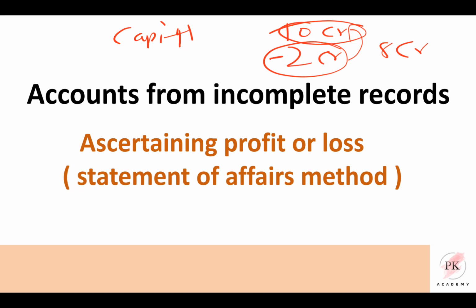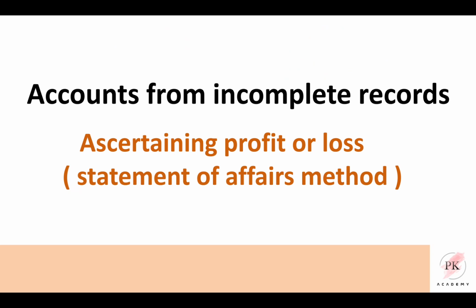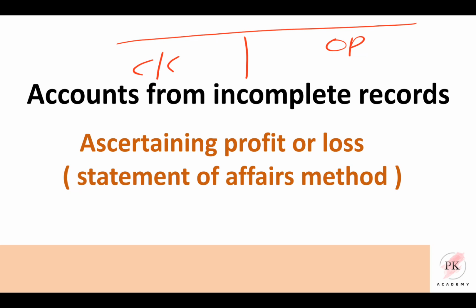So the statement of affairs method tells us that whenever there is a difference between opening capital and closing capital, the difference should be either profit or loss. This is the background of the statement of affairs method.